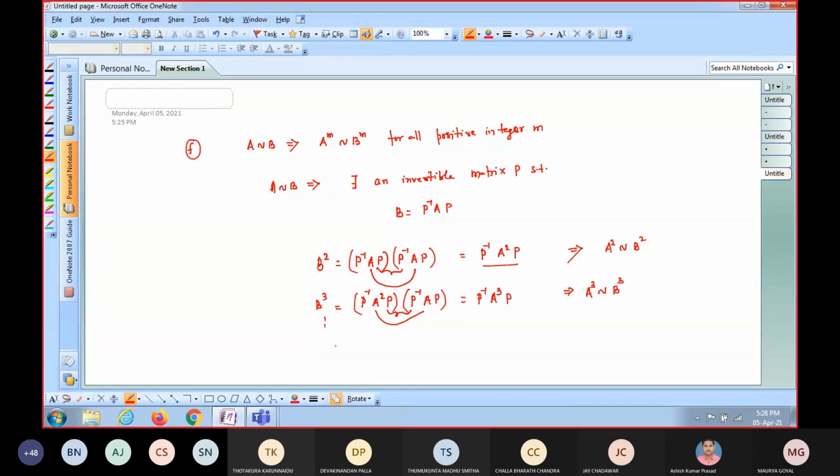And in the same way, I can prove that A to the power m is similar to B to the power m for any positive integer m. Is it clear to all of you? Yes, sir.